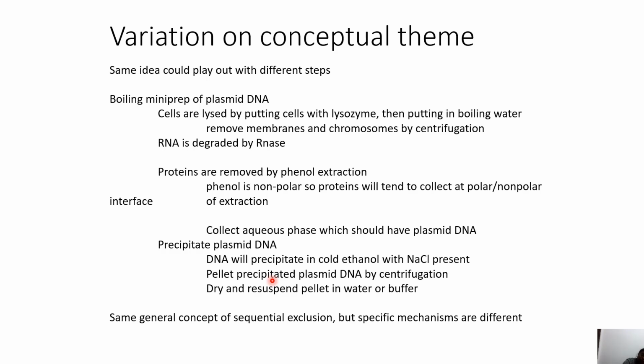We can collect the aqueous phase, which should have plasmid DNA. Precipitate to get the plasmid DNA. That DNA will precipitate in cold ethanol with sodium chloride present, and we pellet the precipitated plasmid DNA by centrifugation. The pellet can be dried and resuspended in water or buffer.